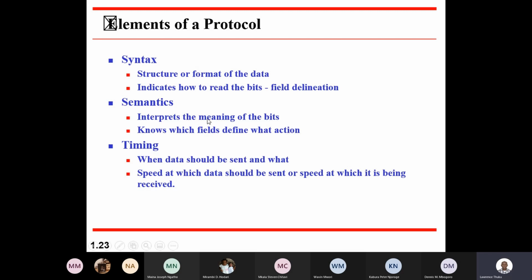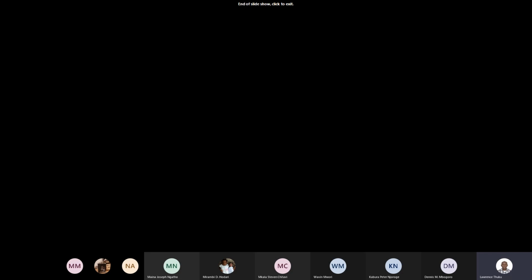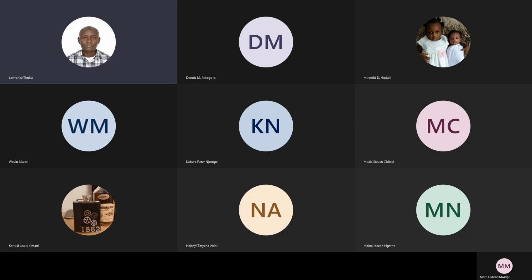So that is what I mean by the various elements of a protocol. And with that, it brings me to the end of that particular lecture, which focuses on the introduction to data communications and networking. Are there any questions so far?